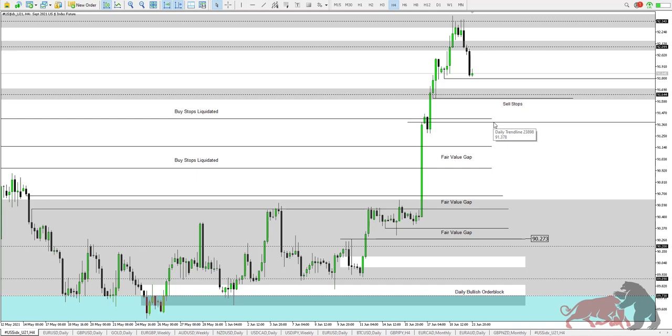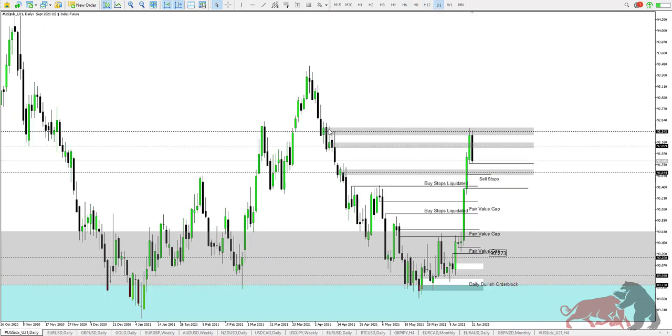91.40 price points. So looking at targets, if we are to see a strong dollar again this week, we should be reaching for this level here. We've got a fair value gap which is still not closed here. We still have imbalances right here.